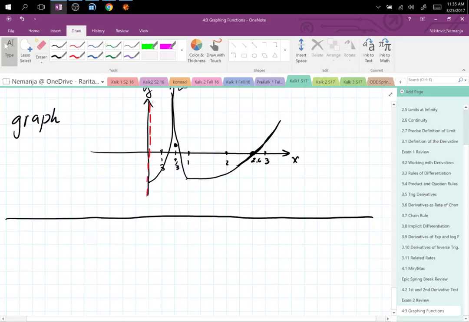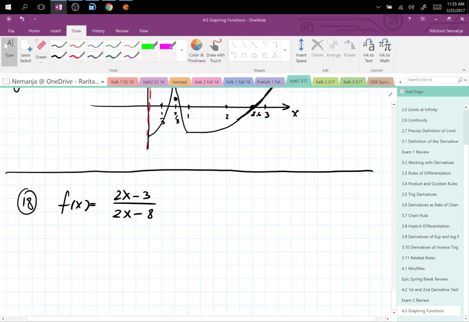We'll start with the simple one, I guess, 18. It says f of x is equal to 2x minus 3 over 2x minus 8. It looks simple, right? Let's see if it is simple.